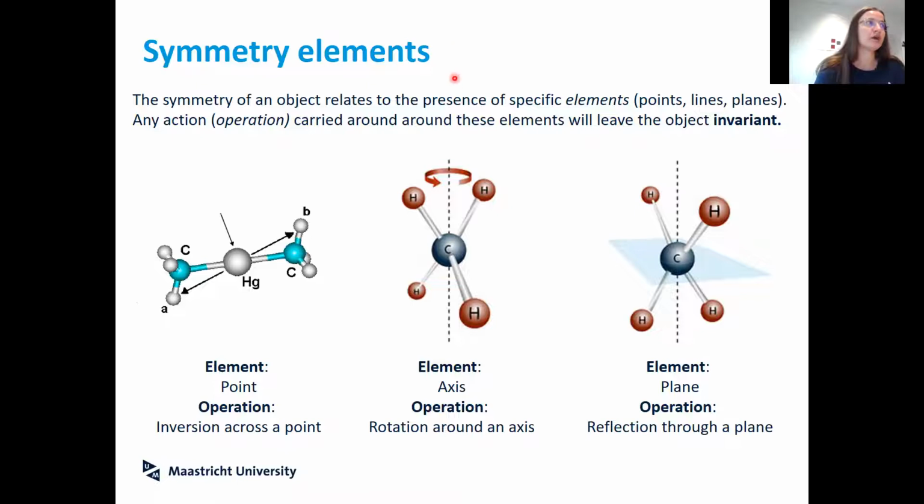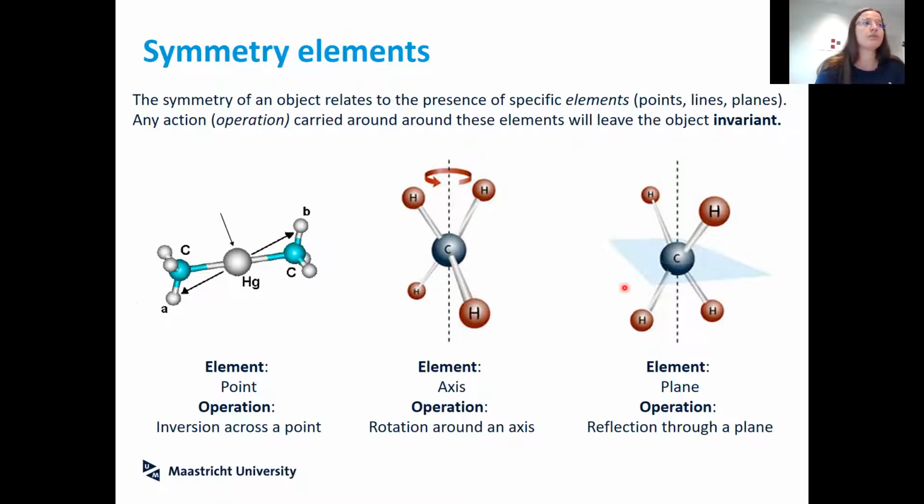So you have a whole line around which the operation needs to be applied. And then the operation that you apply around an axis is a rotation. So if you can rotate the object and find it invariant, so if you spin this around, this will overlap with this, and the thing that you get at the end is indistinguishable from the thing you started with.